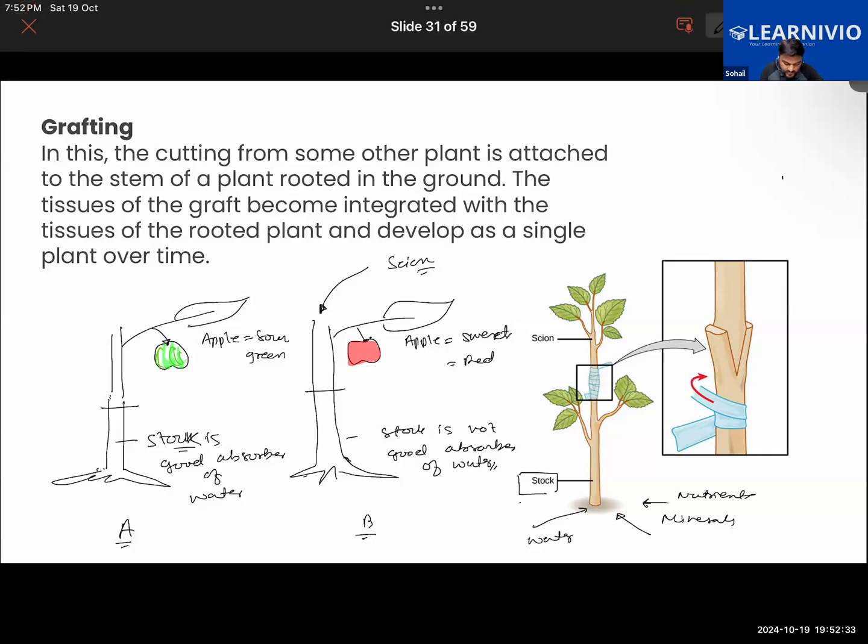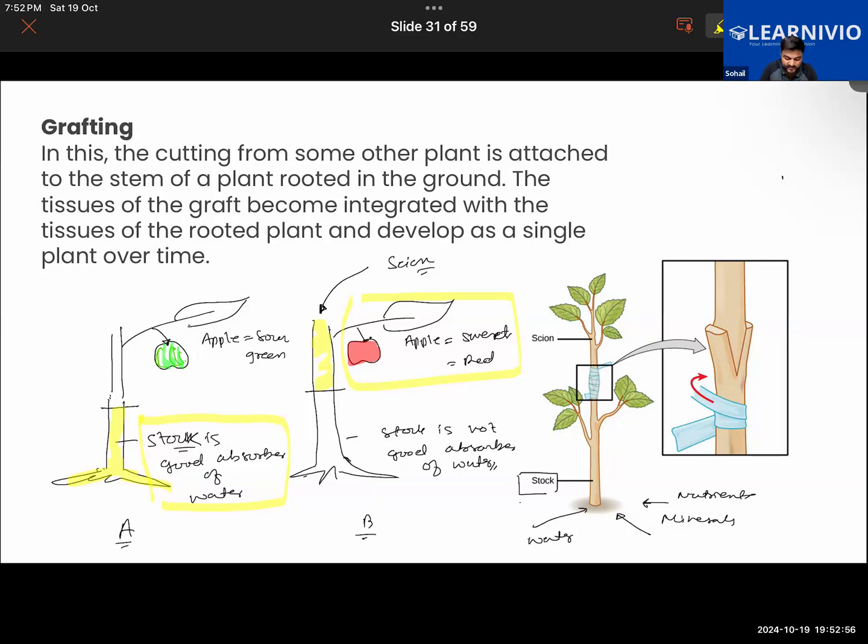So what we are going to do now is take the root system of this plant, basically the stalk, which is a good absorber. We're going to take this part and this part and combine both of them. So we have taken the stalk and the scion, and both of them have been joined together here by the method of grafting.